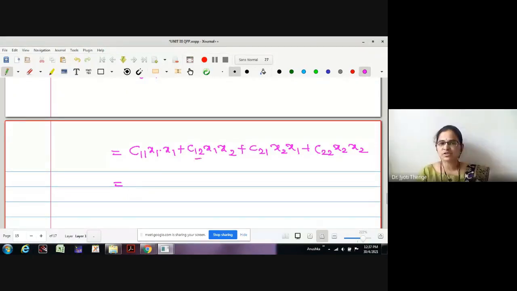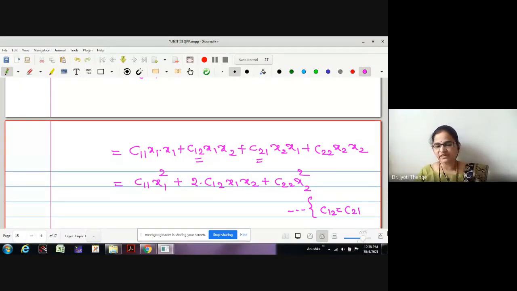Now, as per the assumption, C12 and C21 are the same. So let me just rewrite: the first term is C11 x1 square, and let me write 2 times C12 x1 x2, because these two are equal, and added with C22 into x2 square. The reason here is C12 is equal to C21.